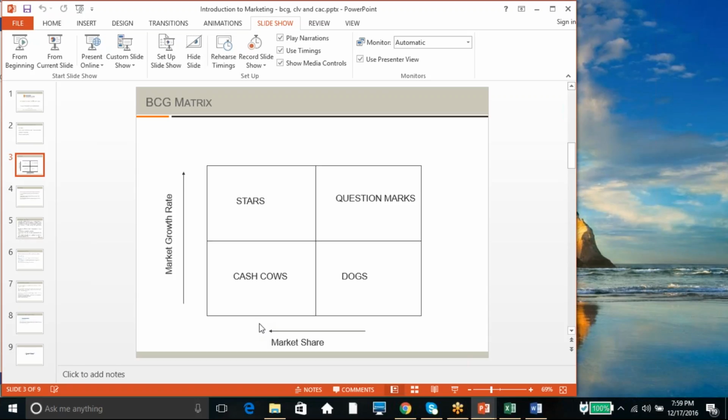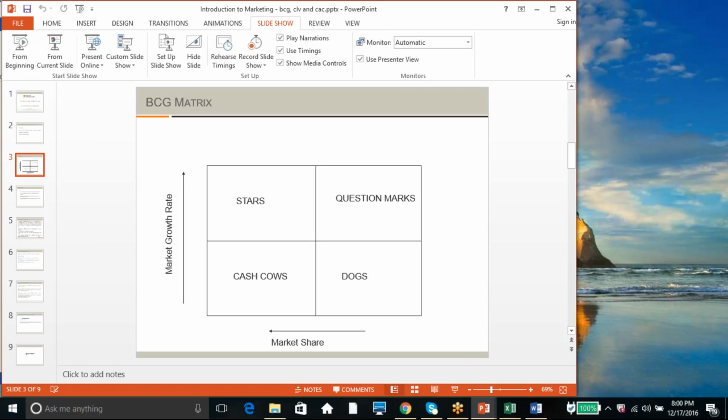So everybody wants to be a star, but from the star, which is the quadrant where you are likely to move? If you don't be a star, then which is the quadrant you will be in? Exactly. So you will be always a question mark if you are not a star.